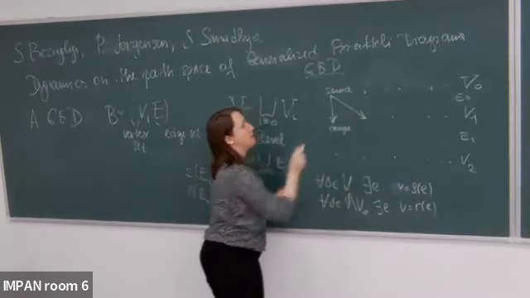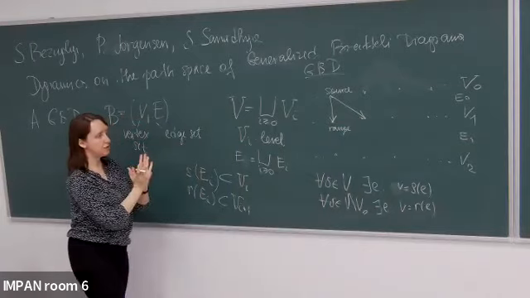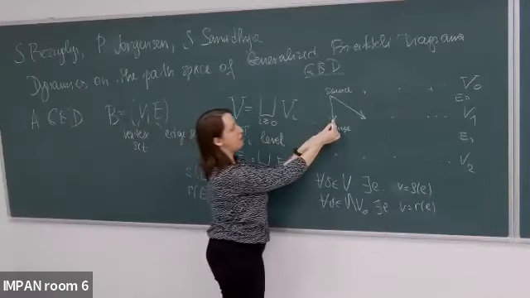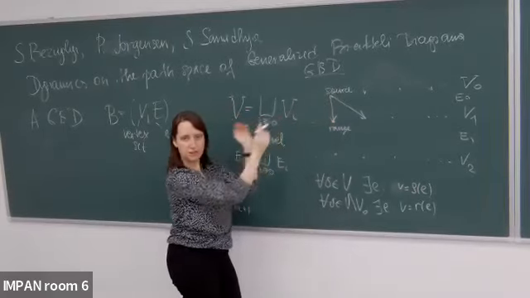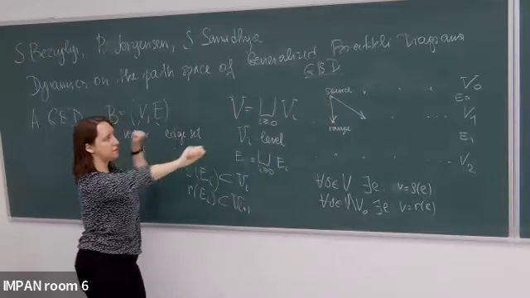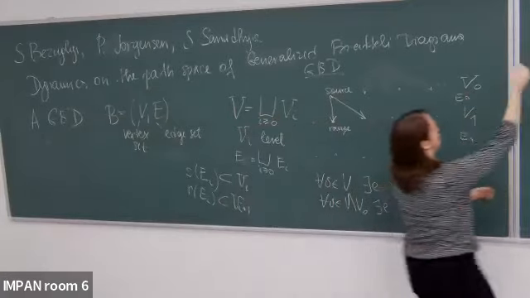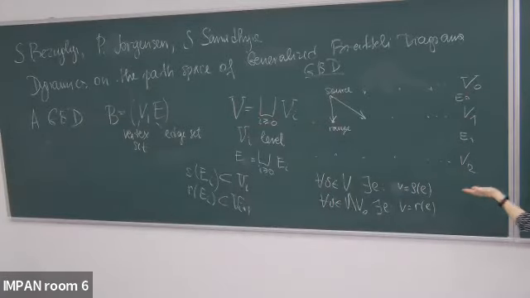And now we have another condition. We want that for every vertex, there are only finitely many incoming edges. Now we have infinite levels, right? So this is a new condition.